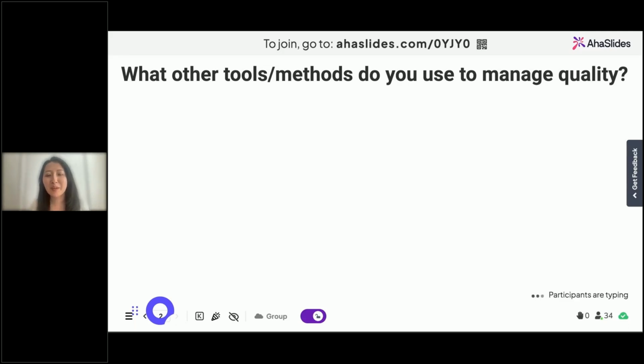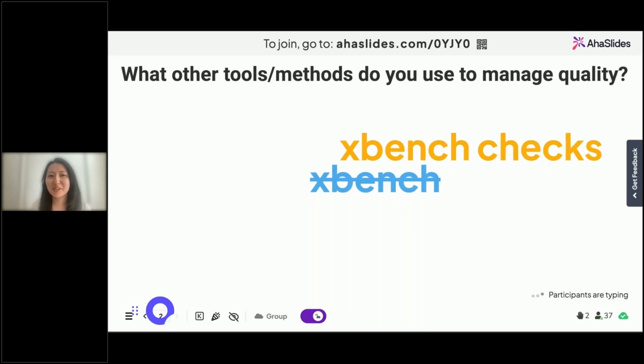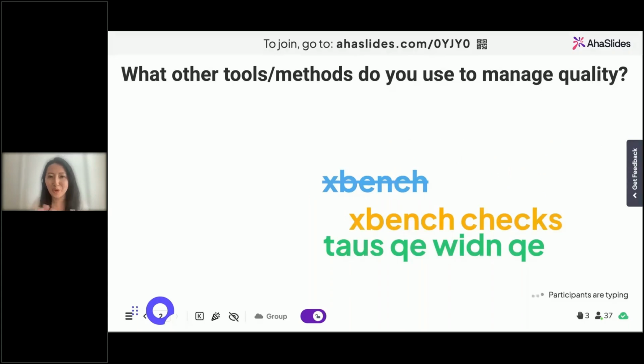Okay, yeah, we see you typing. So I'll probably get to learn something new. Okay, Xbench. Interesting. Grant, you're probably more familiar with these terms than I am. Yep.